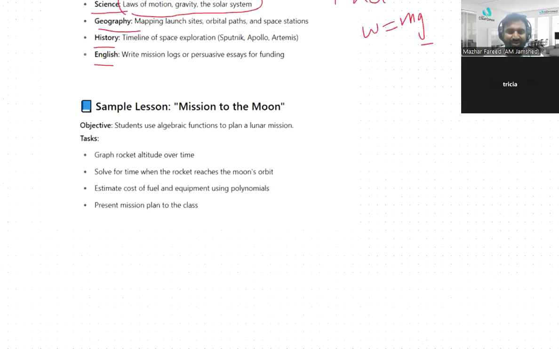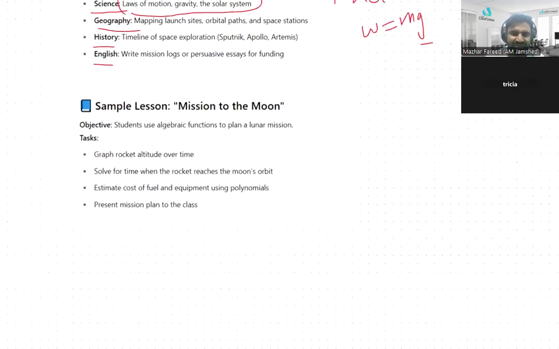When you want a mission to the moon, students use algebraic functions to plan a lunar mission.